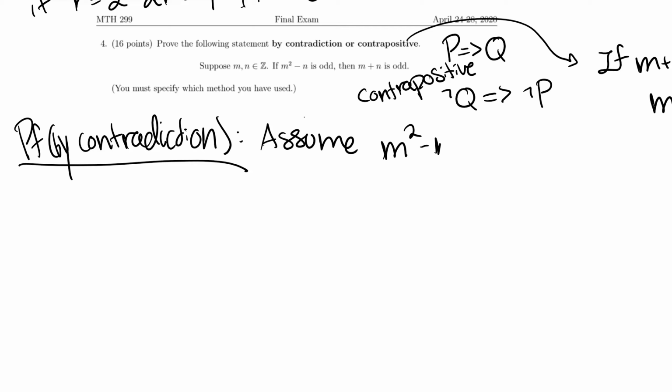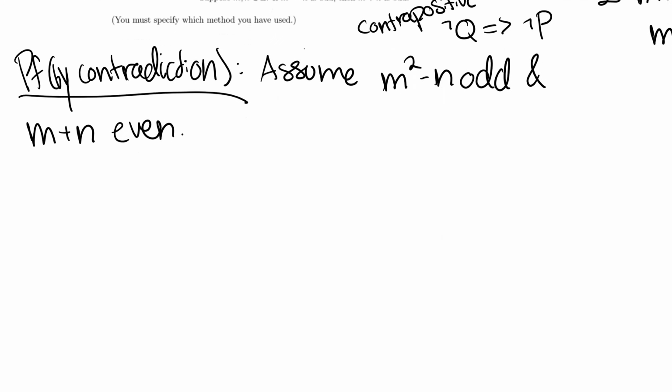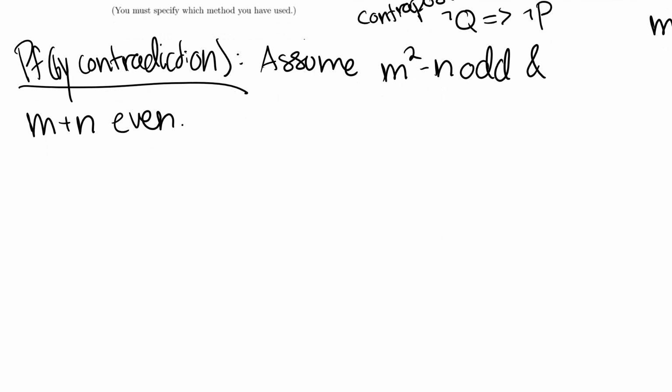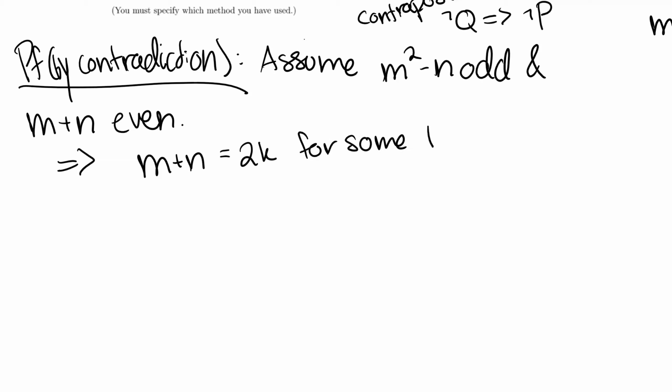Assume m squared minus n is odd and m plus n is even. I'm going to start with the even part. So m plus n equals 2k for some k in the integers.